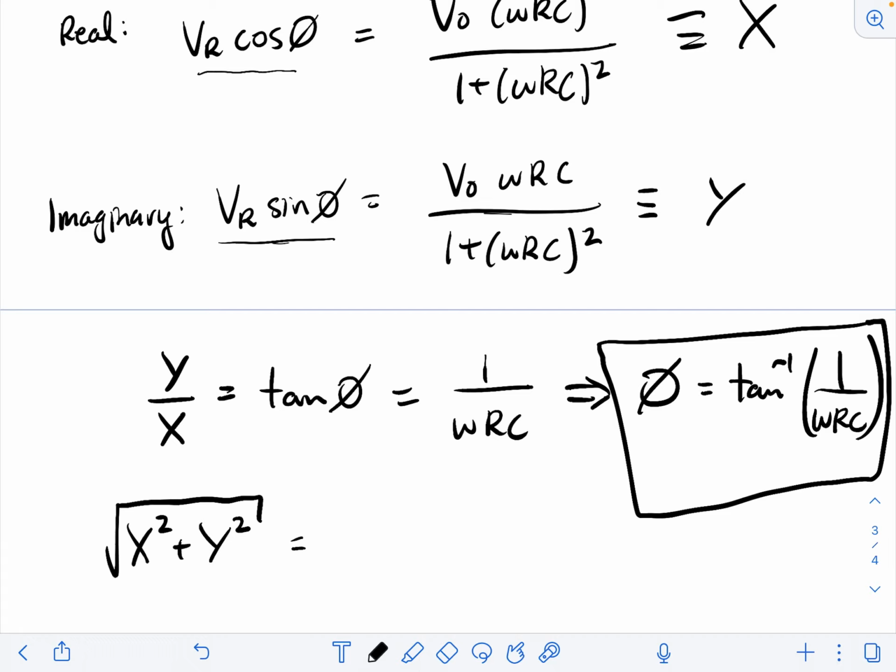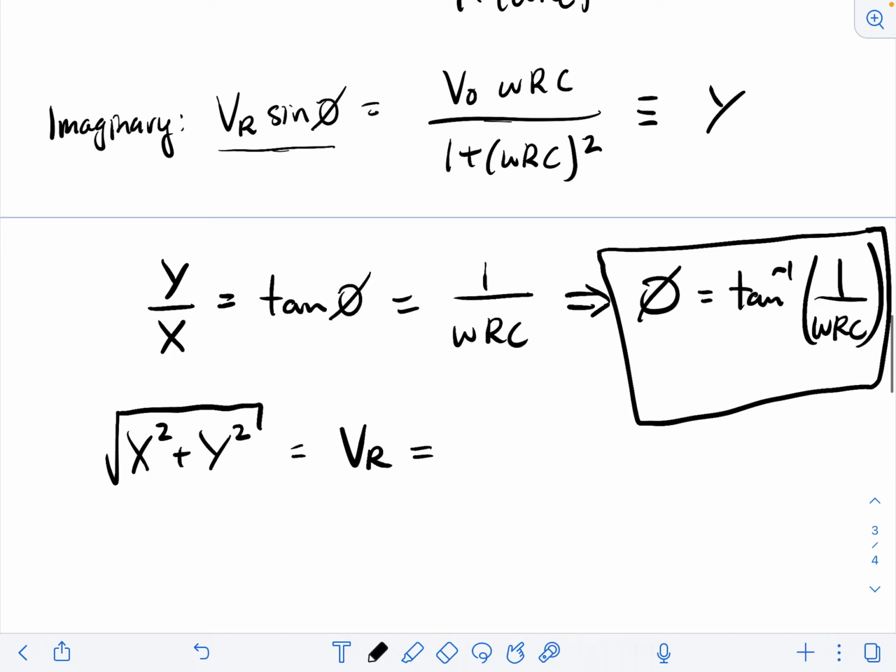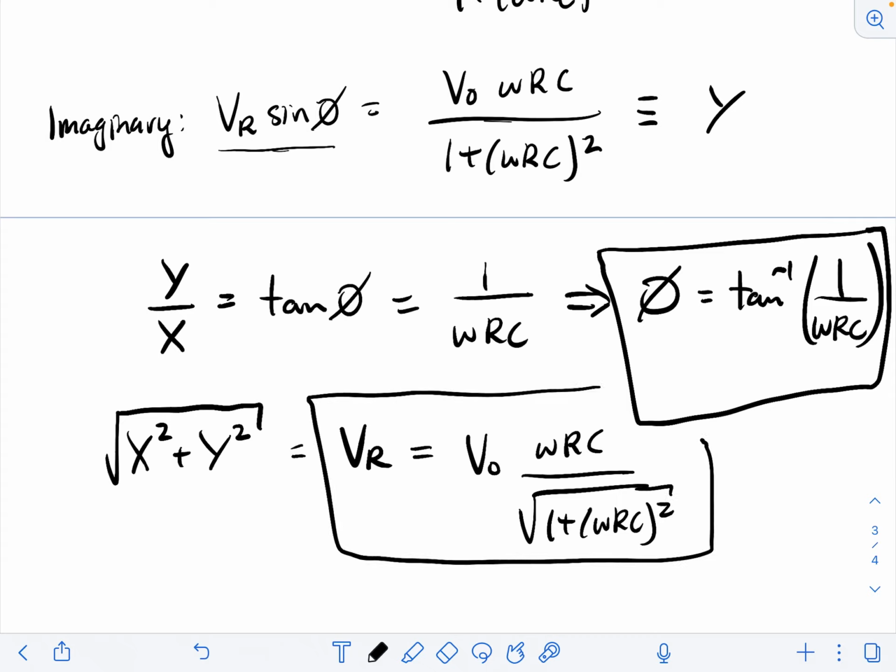And so it's just going to be equal to the amplitude of our resistor voltage. I'll leave it to you to verify, but if you work this out, the amplitude of our resistor voltage would be equal to the amplitude of the input times omega RC divided by the square root of 1 plus (omega RC) squared. Okay, and so there's our expression for the amplitude.